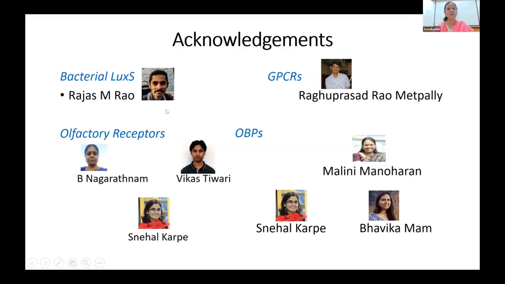And Rajas is the key person who had also narrated the success story, and Raghu Prasad Mejapalli, who had worked on the GPCRs. It really laid the foundation for our work on the olfactory receptors, which was performed by Naga and followed by Snehal, and then Vikas, who had taken up the web server and did benchmarking and so on.